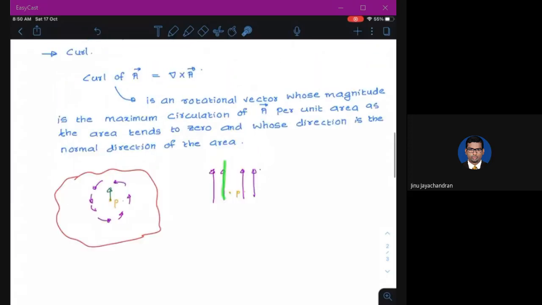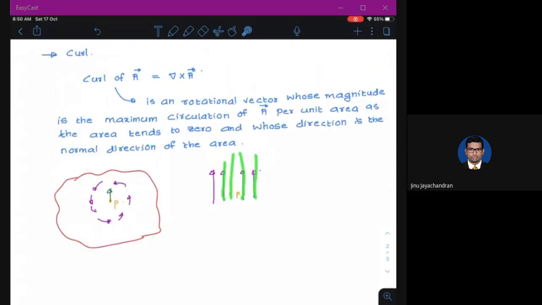It is just passing through the point P. Okay, so here the curl is 0. Okay, here there is a curl which is out of the page. So that is the physical significance of curl.